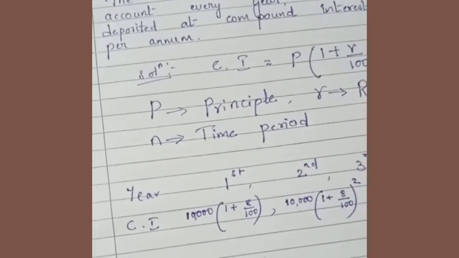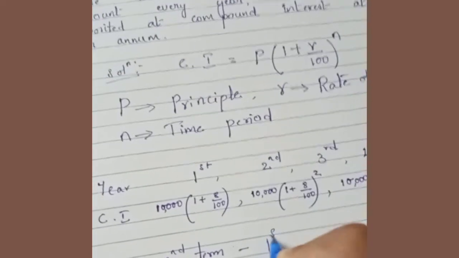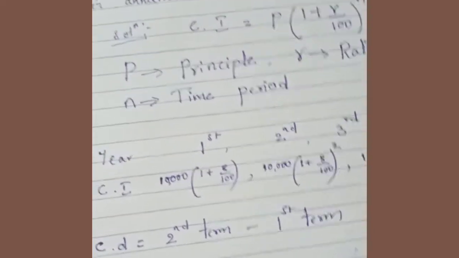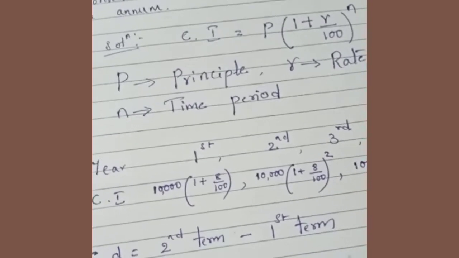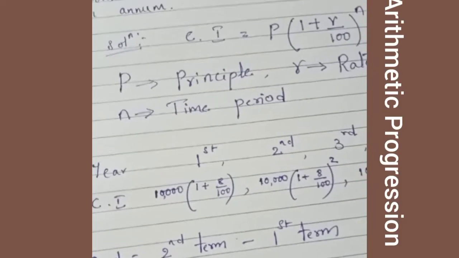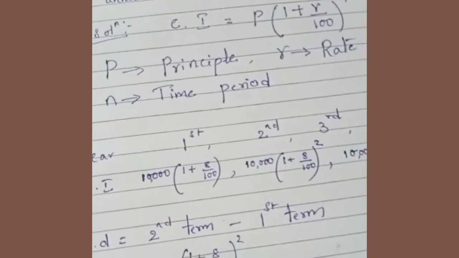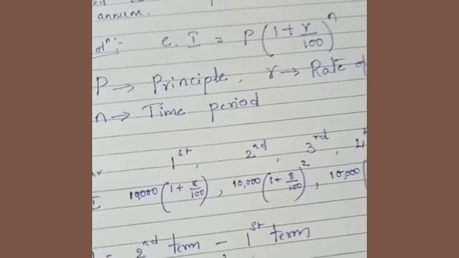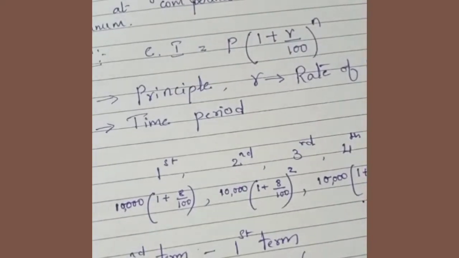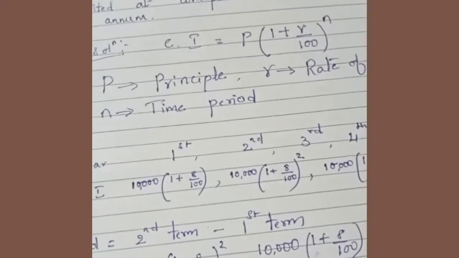So it is second term minus first term. So what is the value of the second term? It is 10,000 of 1 plus 8 by 100 whole to the power of 2, minus the first term, which is 10,000 of 1 plus 8 by 100.